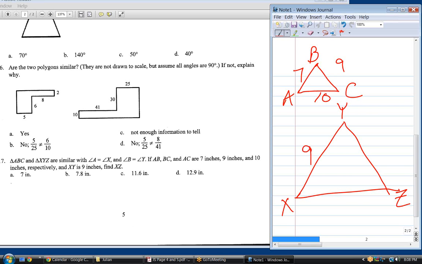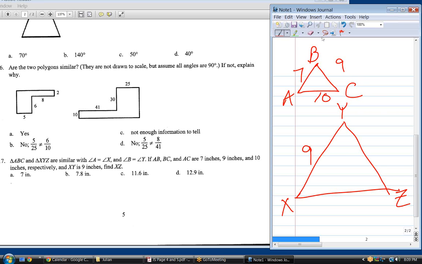How'd you get that so quick? Because I just added 2 from 7. Well, that's not the way you do it. Notice the answer is 12.9. So that way it wouldn't give you a precise answer. They're never going to give you an answer that's off by 9/10. Remember, this is a ratio problem.